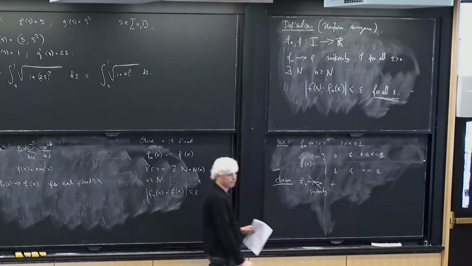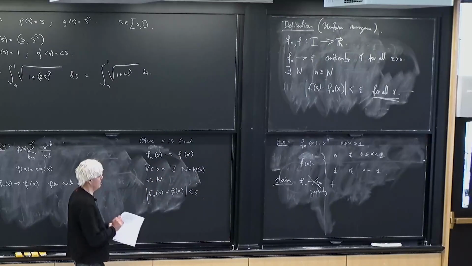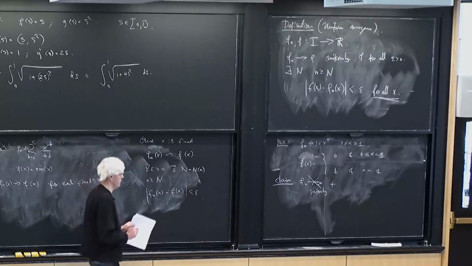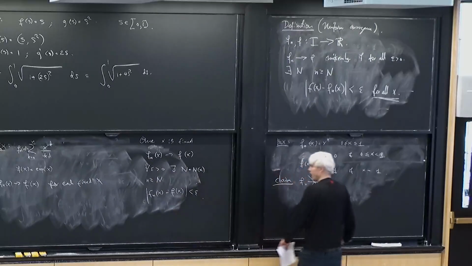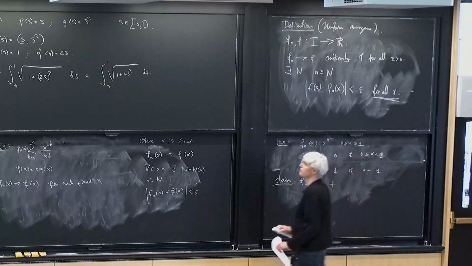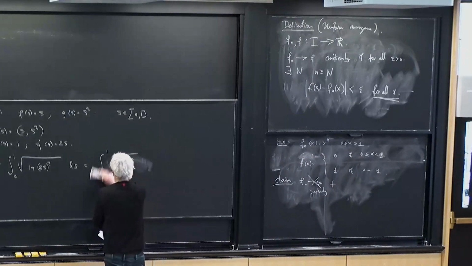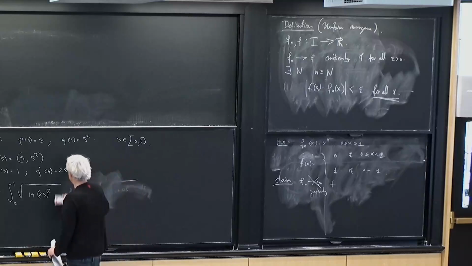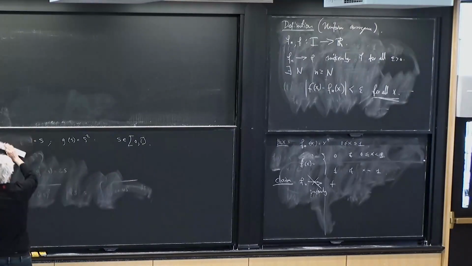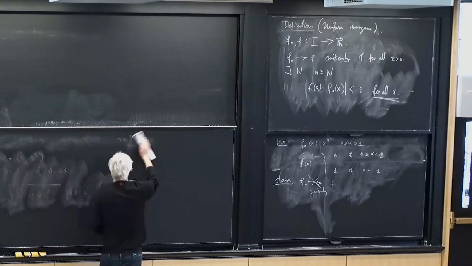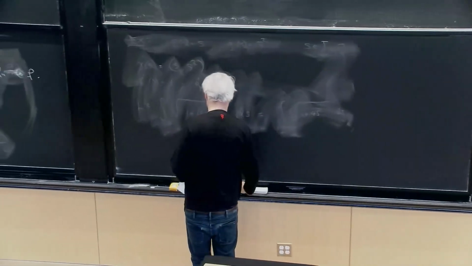We know already that it converges pointwise, and I claim that the sequence does not converge uniformly. Now why is this the case? Well, the functions fn are continuous. At 0, they take the value 0. At 1, they take the value 1.